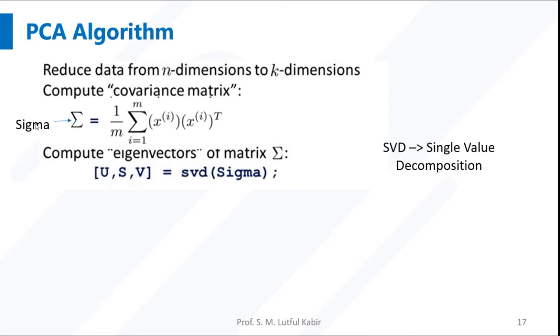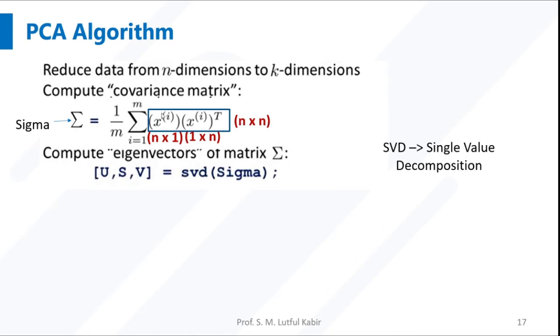This is the symbol for sigma, and xi is n multiplied by 1. That means an n by 1 matrix. There are n features and a single column. If you take the transpose, that matrix is 1 by n. If you multiply them together for a single i, that means one example, then the dimension will be n by n.